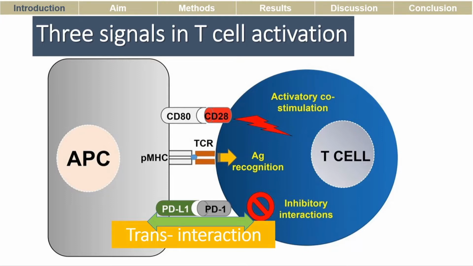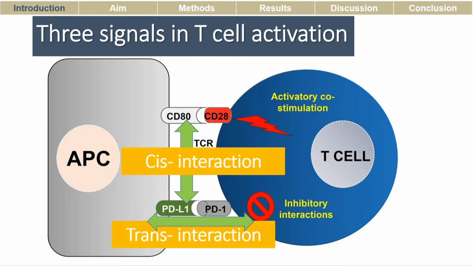Another recently discovered mechanism is the cis interaction between PDL1 and CD80 on the same antigen-presenting cell. PDL1 was found to sequester CD80, preventing its binding to CD28 on the T cell, thus thwarting the co-stimulatory signal. Therefore, PDL1 both inhibits activation of effector T cells directly and prevents the co-stimulatory signal that is needed for their activation.